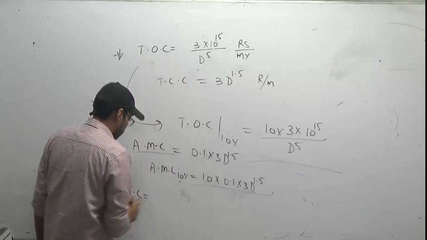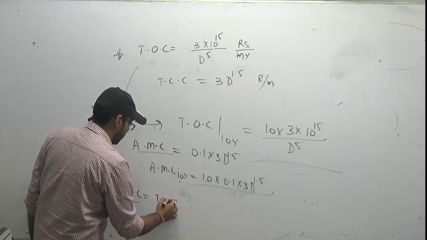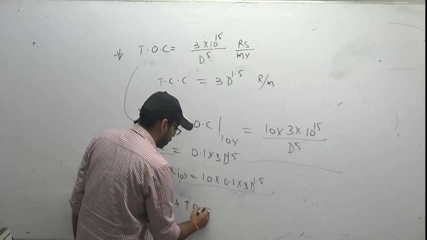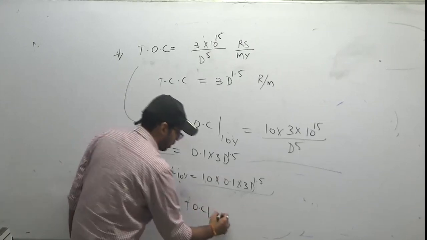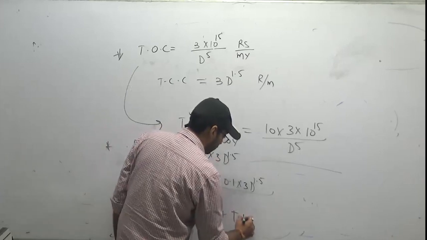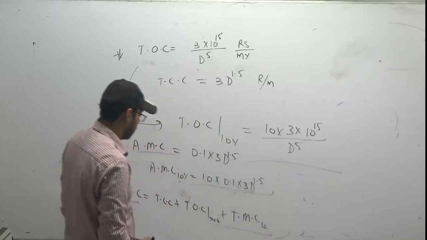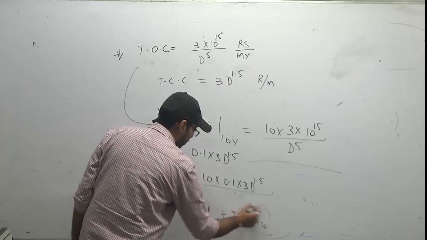So total overall cost is equal to total capital cost plus total operating cost for 10 years plus total maintenance cost for 10 years. You will put the value for this one here.